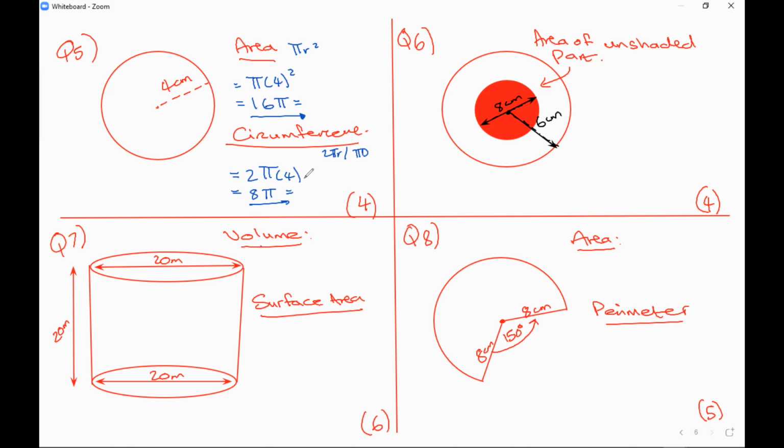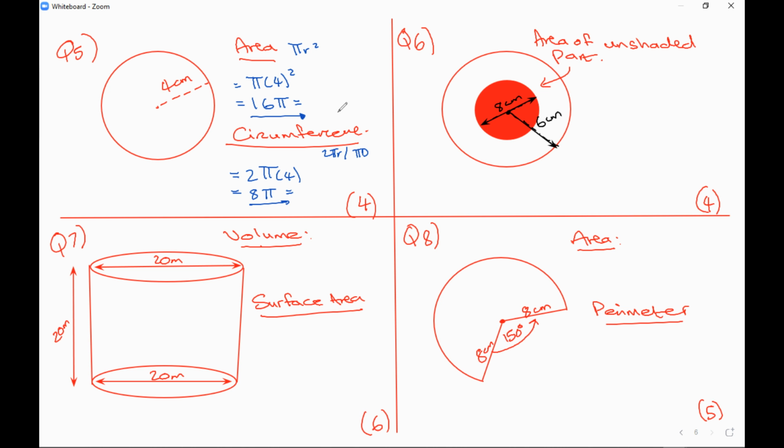Give me 1 second. I'm just going to grab this calculator. All right, I'm just going to go with 3.14 and multiply it by 16.